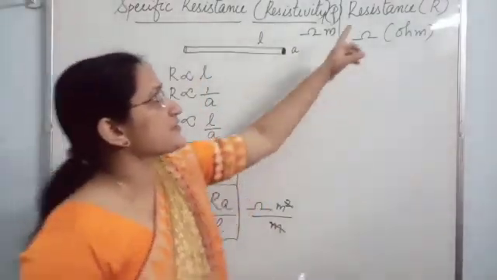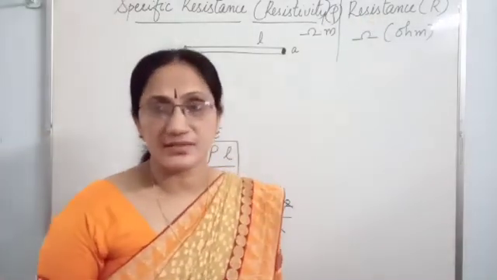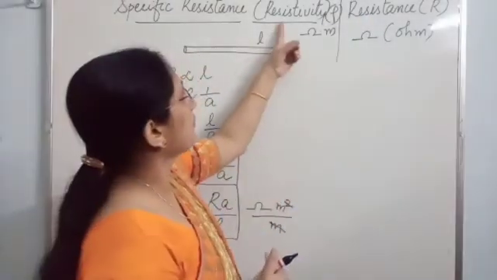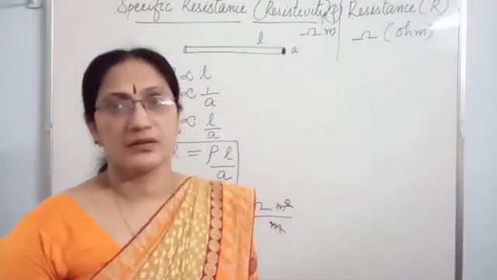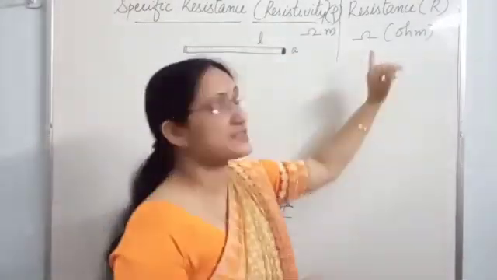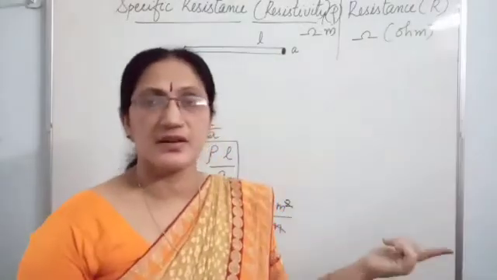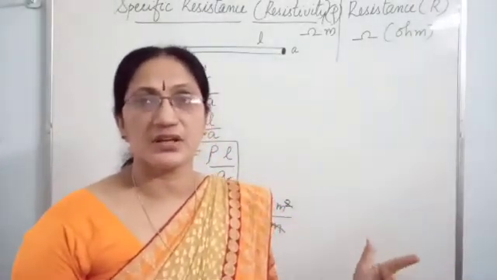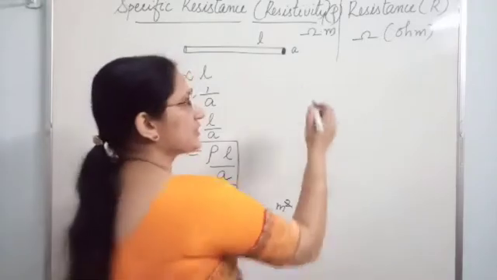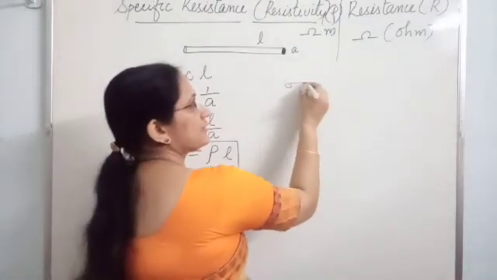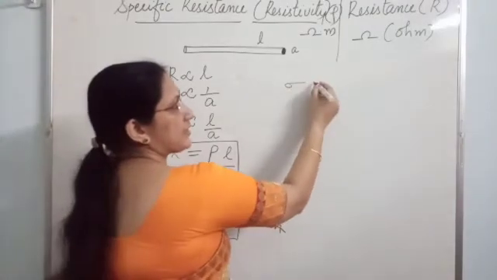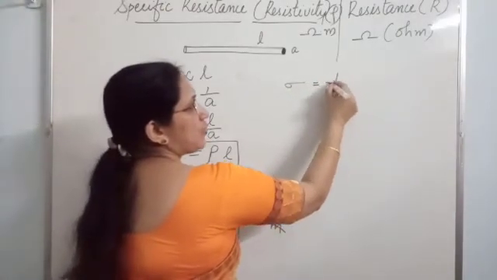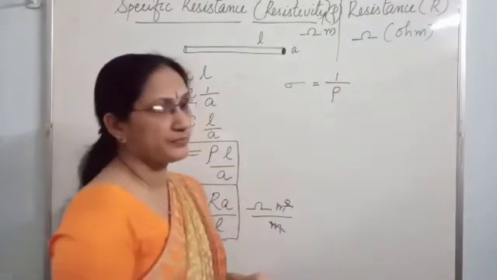Now, resistance, its reciprocal is conductance, and reciprocal of resistivity is conductivity. Reciprocal of resistance we call conductance. Reciprocal of resistivity is known as conductivity. Conductivity symbol is sigma, Greek alphabet sigma. Conductivity is equal to 1 upon resistivity.